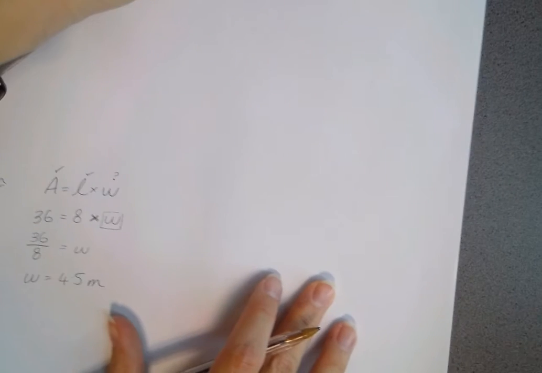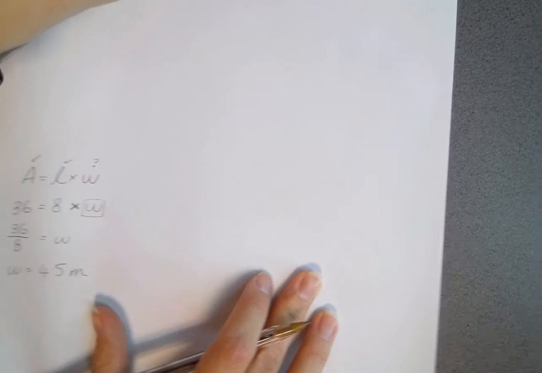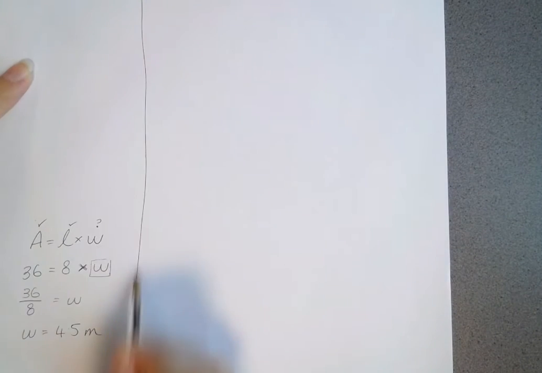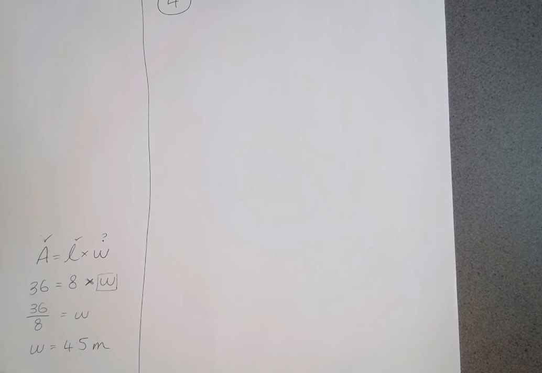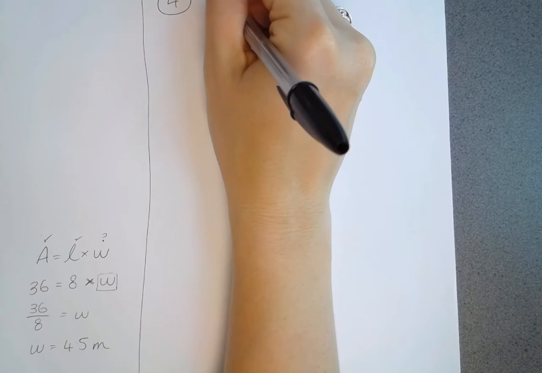All right, our next set of questions here, I'm just going to rule this off here. We're going to use some compound shapes. So, question number 4. There we go. Question number 4. I'm going to give you a shape that looks like this.